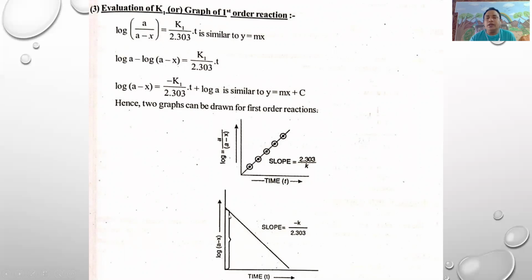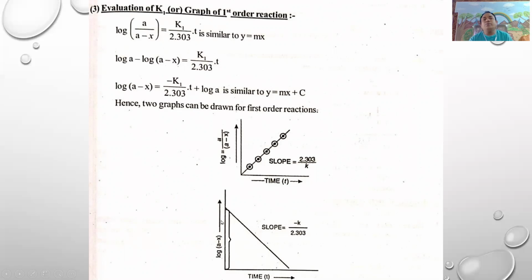Therefore, the negative slope of straight line is obtained. The slope of straight line AB by BC equal to K1 by 2.303. From this equation, the first order rate constant K1 equal to 2.303 into slope of a straight line.